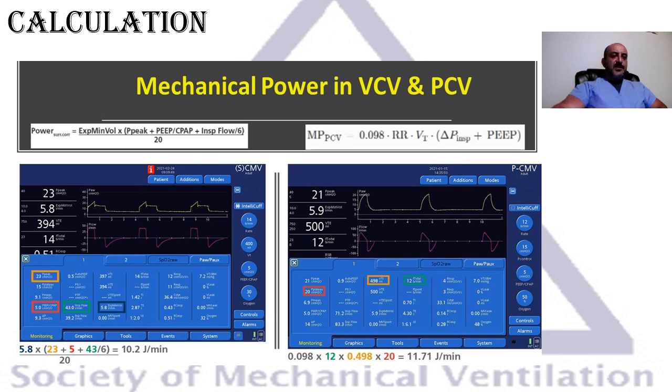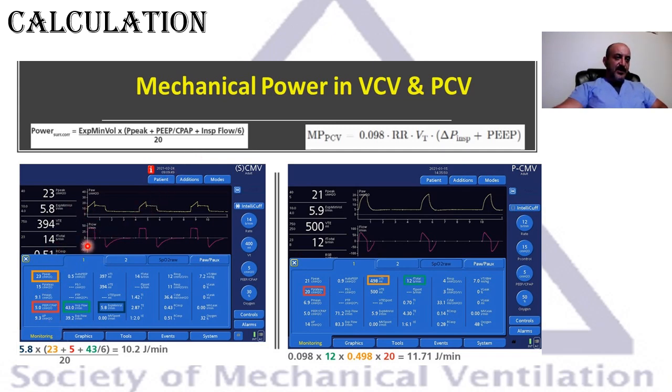This is a practical exercise from Hamilton Medical as an example to calculate the mechanical power in the volume controlled mode and in the pressure controlled mode. The left one is in the volume controlled mode. The equation used is the expiratory minute volume multiplied by the peak pressure plus the PEEP plus the inspiratory flow divided by 6, over 20, the one that we talked about in the other slide.